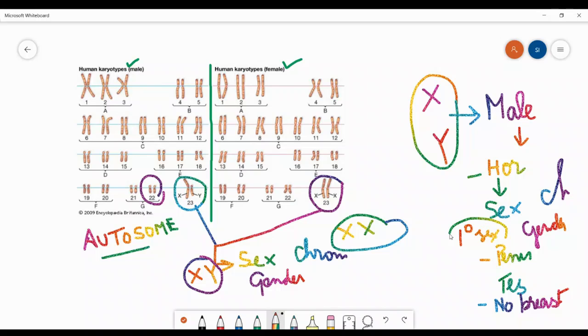So primary sexual characters are determined by the combination of X, Y, or X, X.